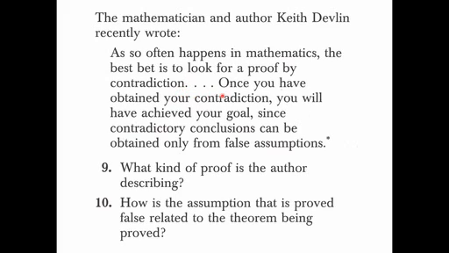Once you have obtained your contradiction, you will have achieved your goal, since contradictory conclusions can be obtained only from false assumptions. So the idea is, in our proofs, we assume the opposite of what we're trying to prove. We prove by contradiction that it was a false assumption, which means what we want to prove is true.